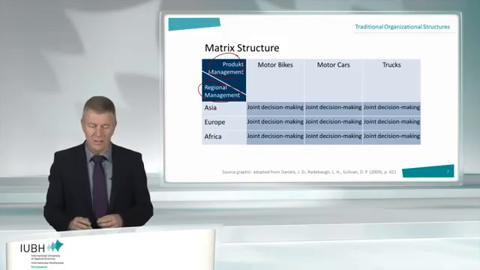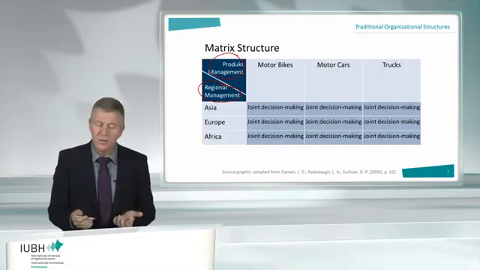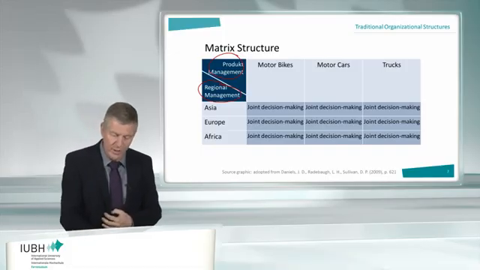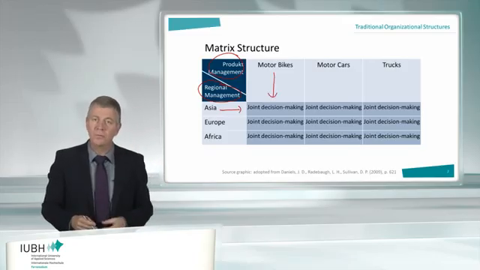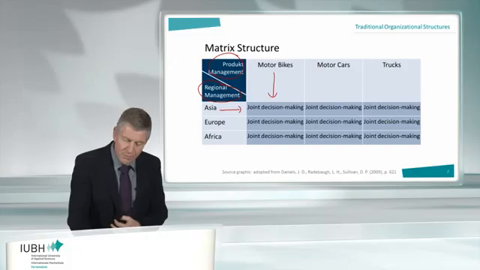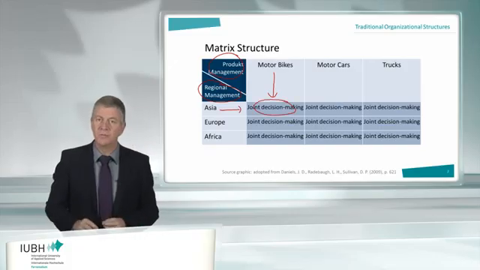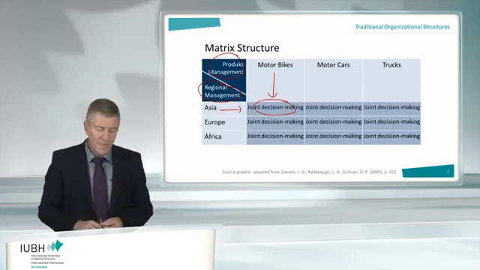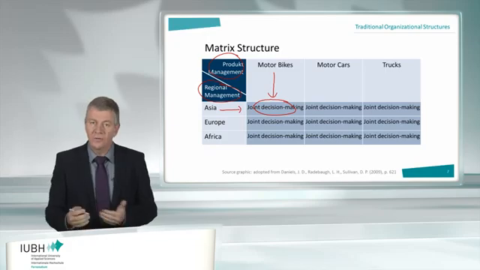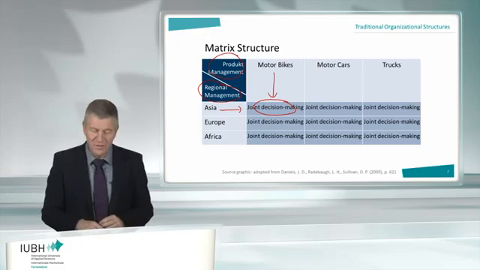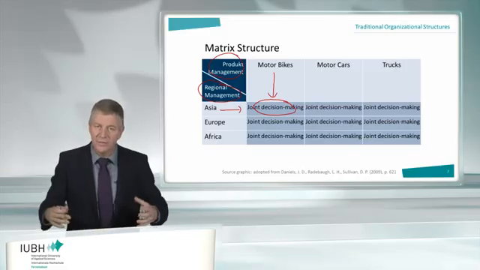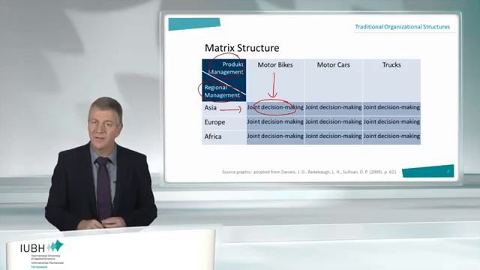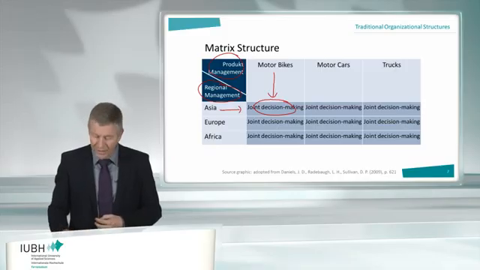Now, decision-making is made through joint approaches where the managers of the two managerial levels would come together for decision-making. Of course, you can find all kinds of problems and interferences here because you have different interests, and so these managers have to come to a common understanding, which is not always easy in daily business.